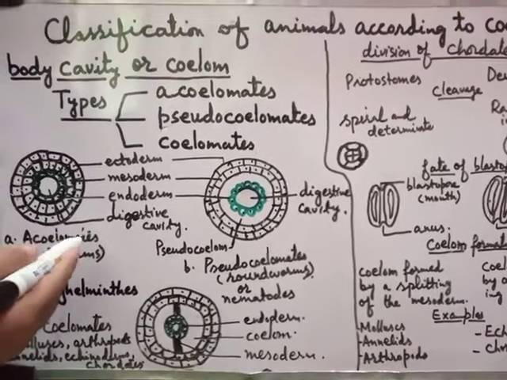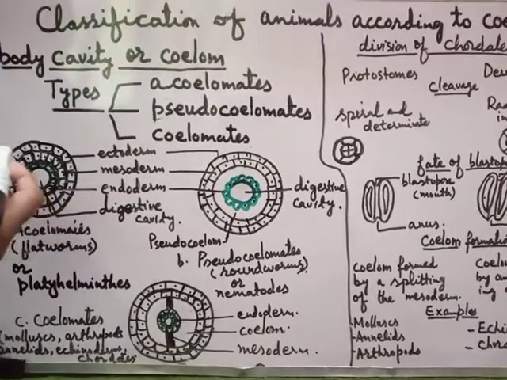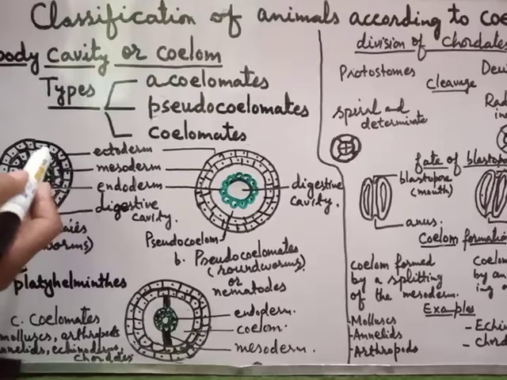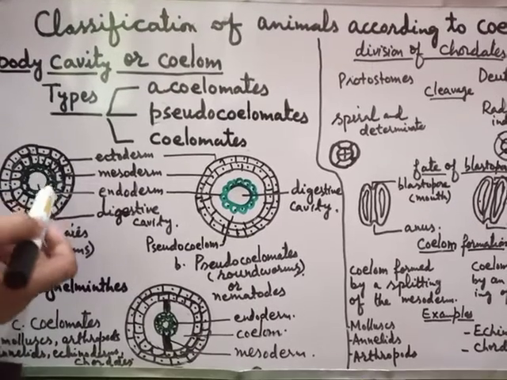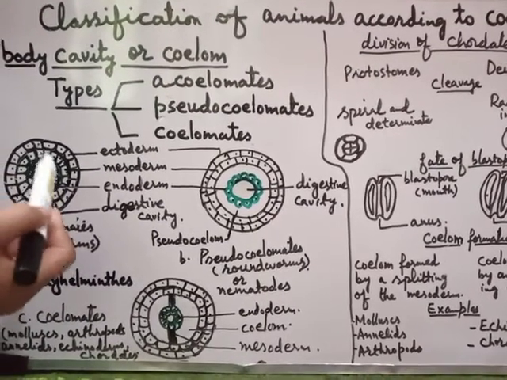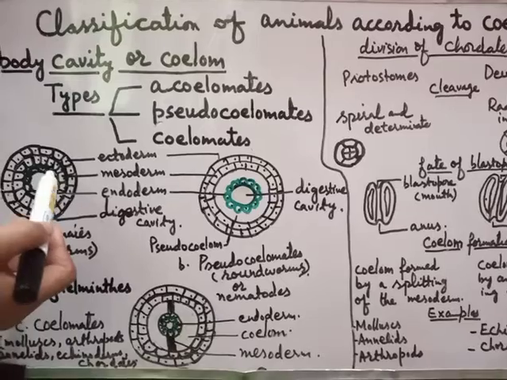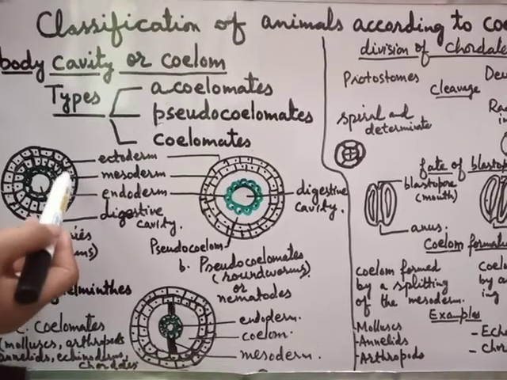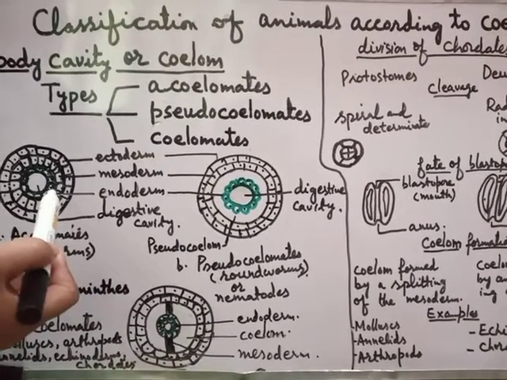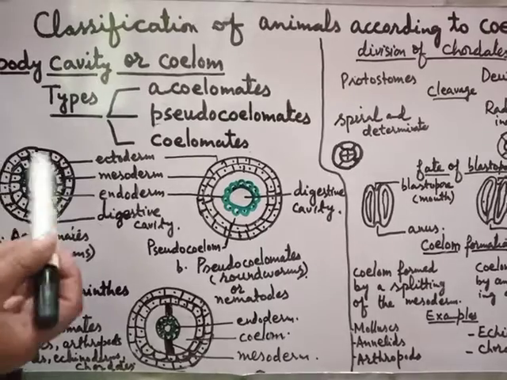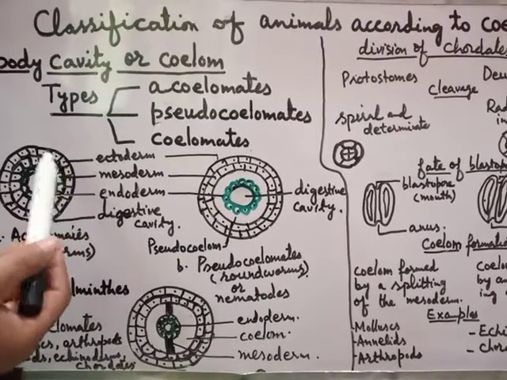First of all, Acoelomates. Students, as I told you earlier, a zygote is a single cell. It divides repeatedly by mitotic division and forms different cells. These cells arrange themselves in the form of different layers.